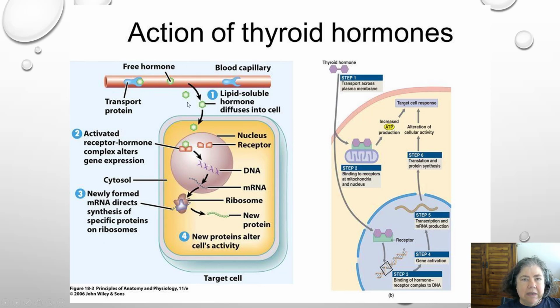These hormones, tyrosine based hormones, are lipid soluble so they can diffuse into the cell, where they can be stored on cellular proteins or they can bind to nuclear receptors. The receptor hormone complex promotes the transcription of genes and the expression of specific genes, resulting in increased messenger RNA and synthesis of proteins on ribosomes.